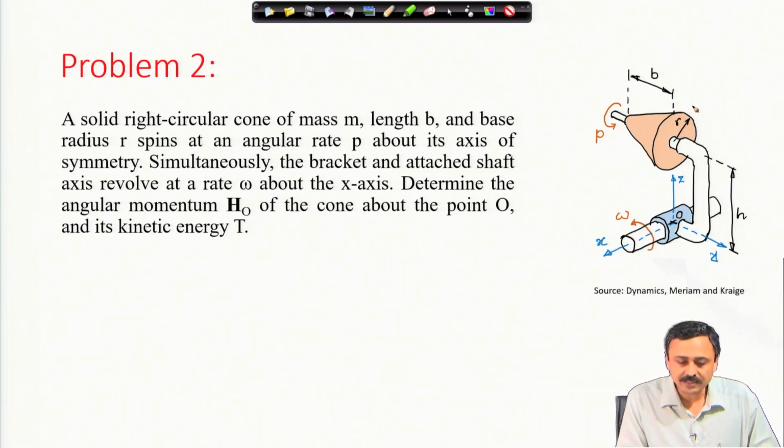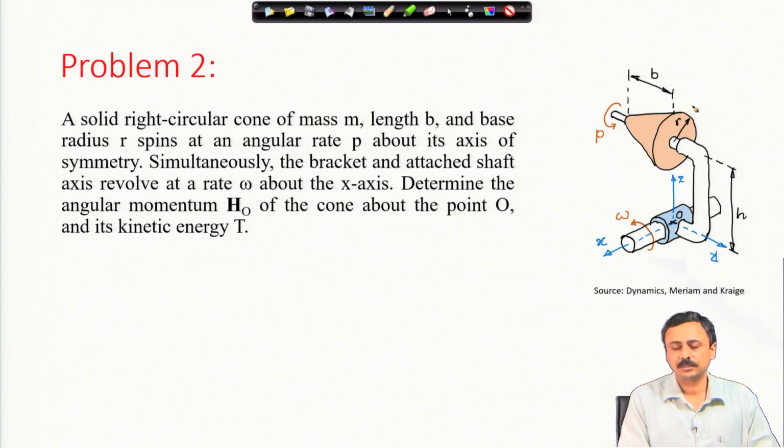This cone spins at an angular rate p about its axis of symmetry. Simultaneously, the bracket and attached shaft axis revolve at a rate omega about the x axis. Determine the angular momentum h o of the cone about the point O and its kinetic energy.